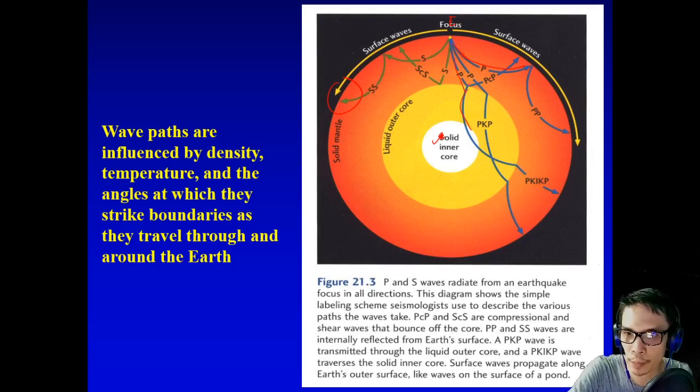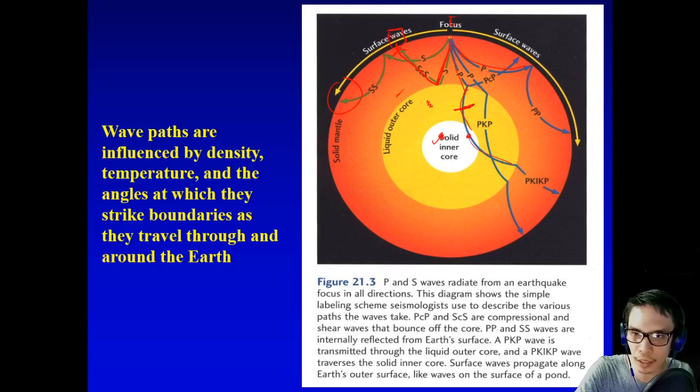Notice that the P waves are the only ones that can travel through this area, because as we discussed earlier, P waves can pass through liquid and solid. Unlike S waves, which can only pass through solid medium like the solid mantle over here, they cannot pass through the liquid outer core. And then it is reflected back down to the surface of the earth, to be picked up by the seismograph.